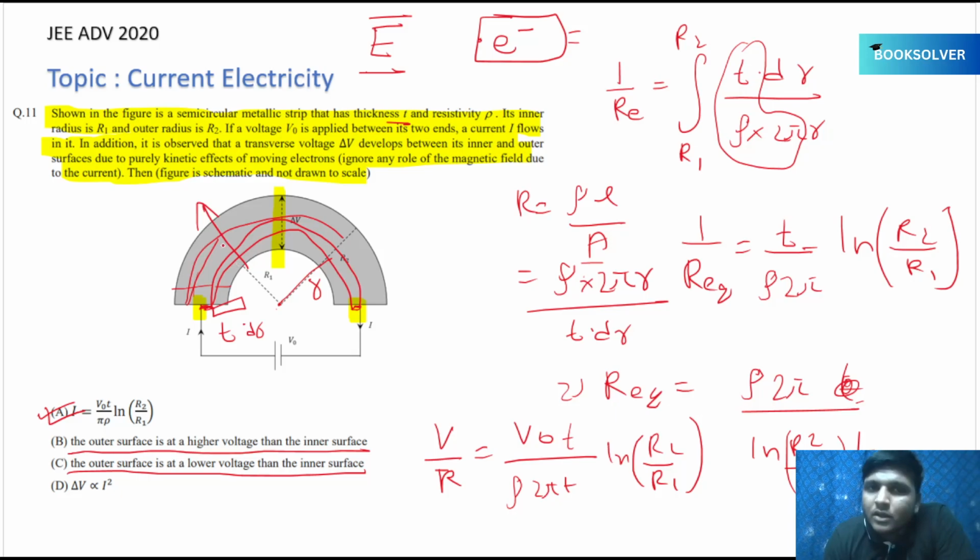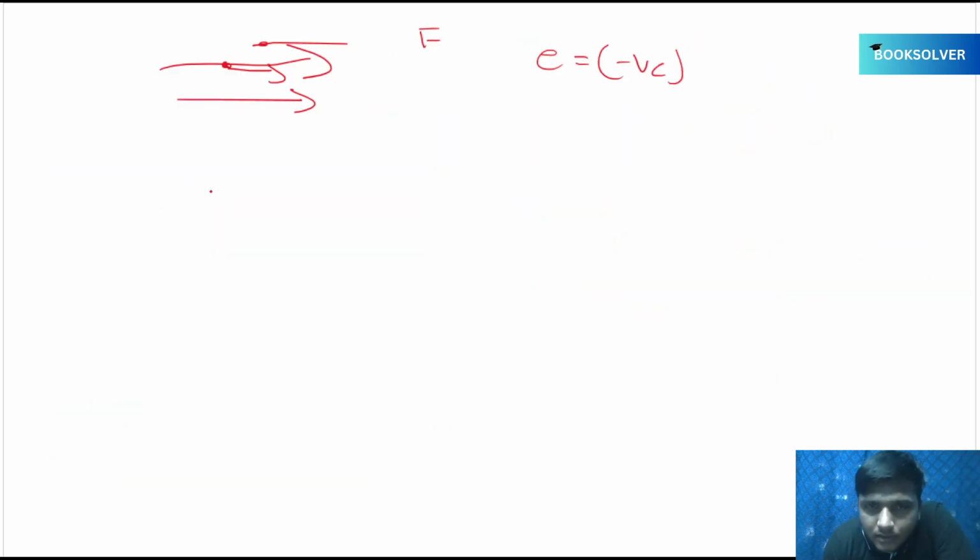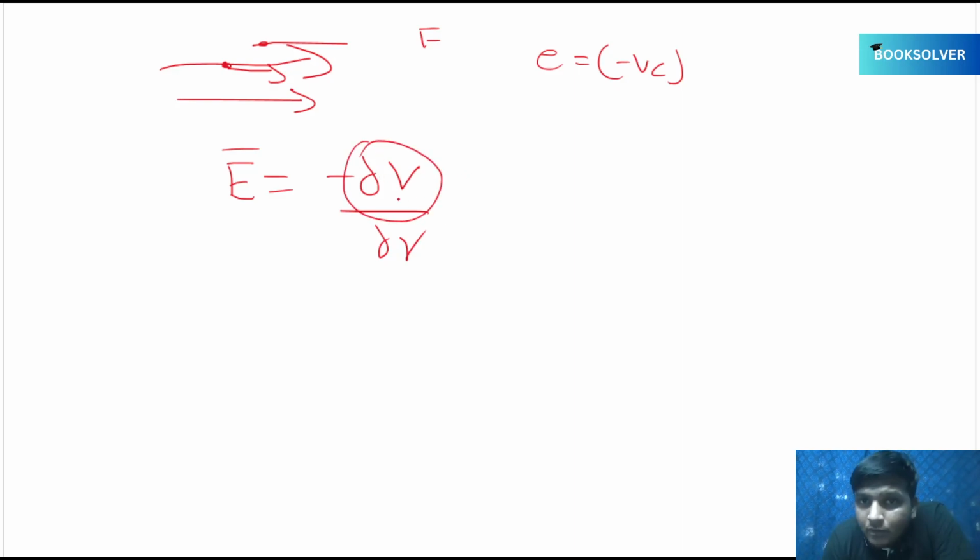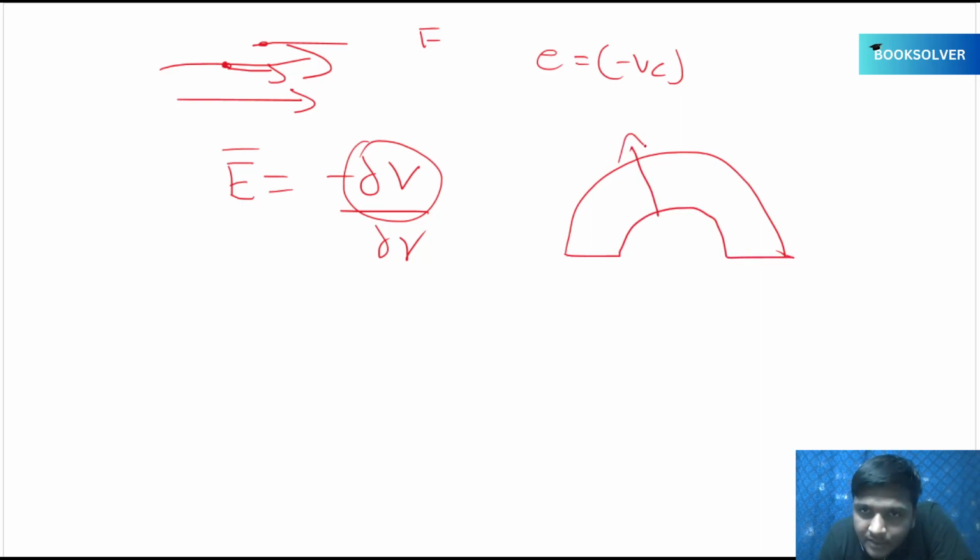And we know that when the electric field is outward, E is nothing but minus del V by del R. The voltage decreases in the direction of the electric field. So if this is our metallic strip, and in this direction the electric field is there, our voltage will keep decreasing from here to here.